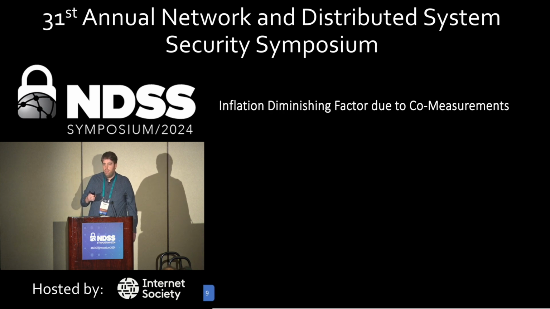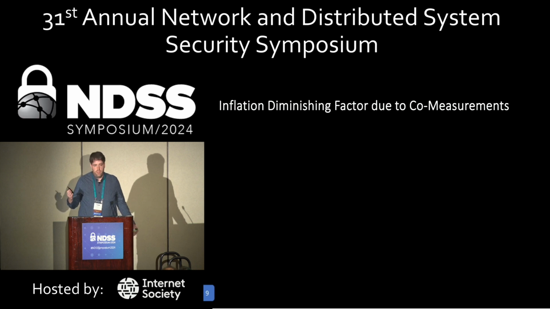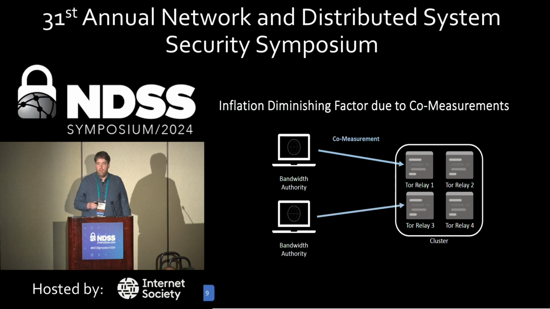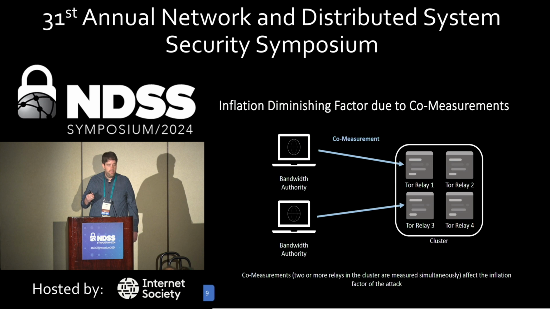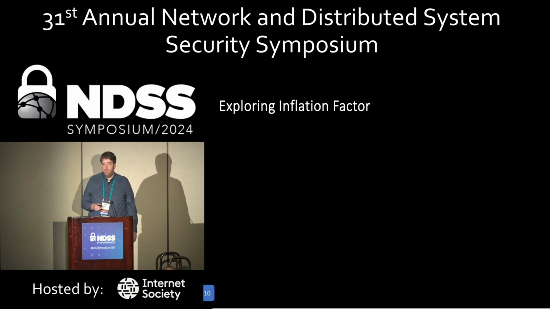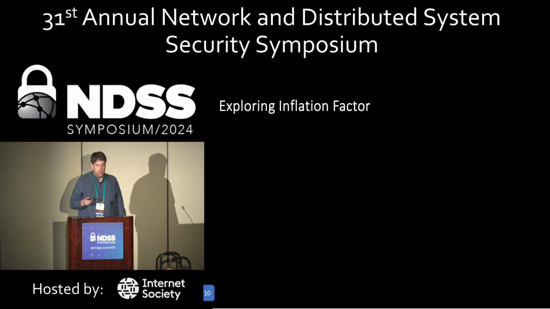However, this linearity doesn't continue forever, of course, and this is due to so-called co-measurements. If we remind ourselves that the bandwidth authority might measure a relay in our cluster, it can happen that a second bandwidth authority also measures a relay in this cluster. This co-measurement will reduce, or have an effect on, our MirageFlow attack. So we explored this inflation factor based on real Tor data, which is openly available for analysis.